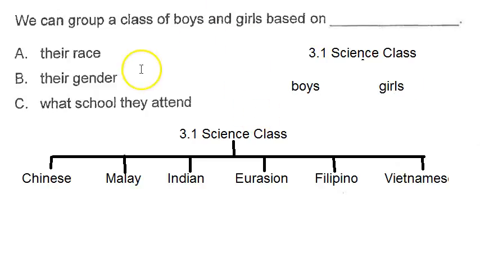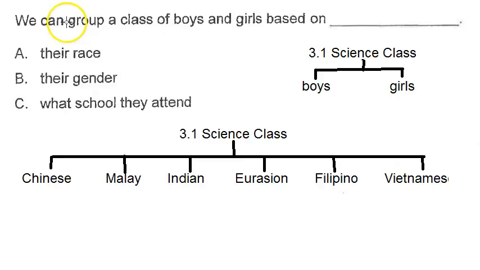So we can also group the class into two, boys and girls. So in a chart it will look like this: girls one group and boys one group, but they all belong to the science class.